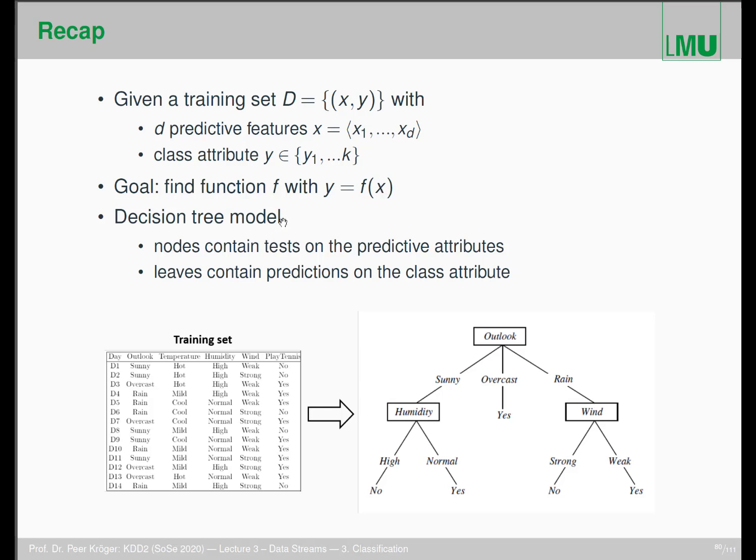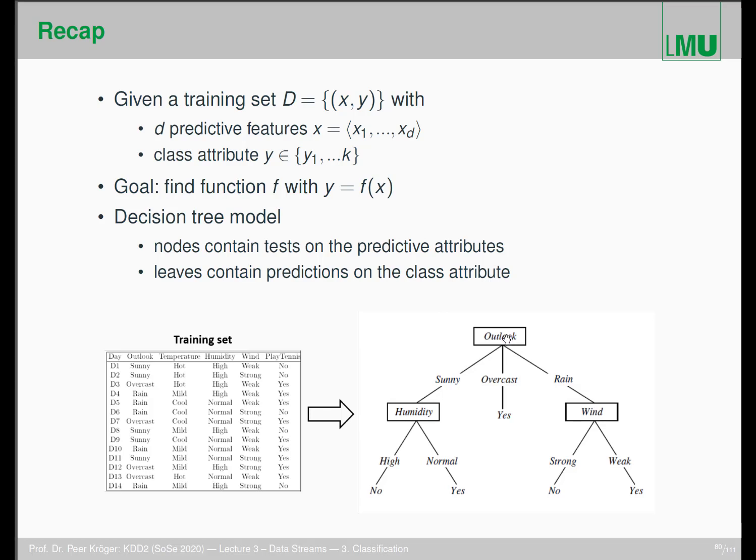We have a tree model where the nodes represent tests on the predictive attributes, and the leaves contain the predictions on the class attribute. You see here that each node is actually a test on one of the predictive attributes, the attributes of the features of our observations.